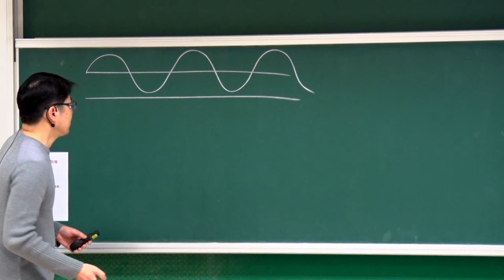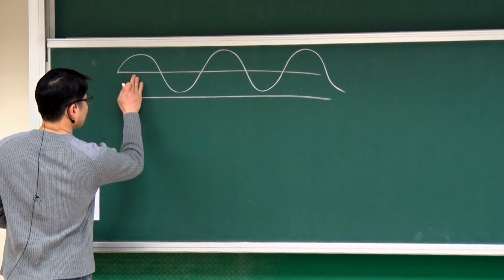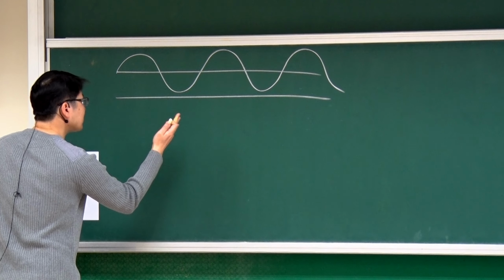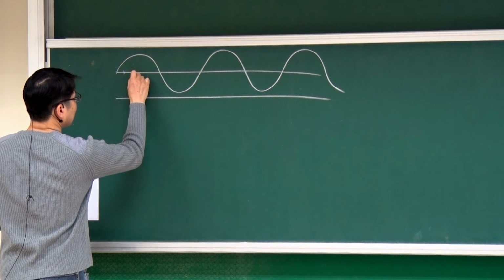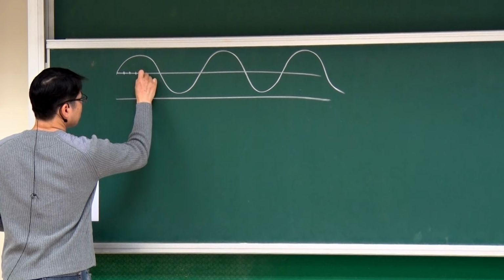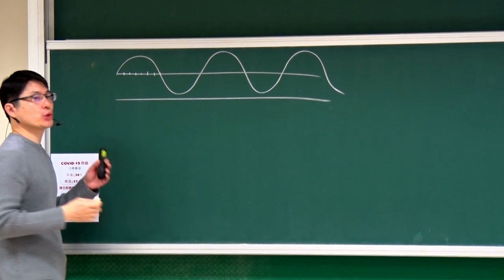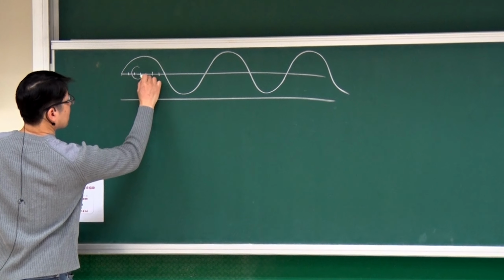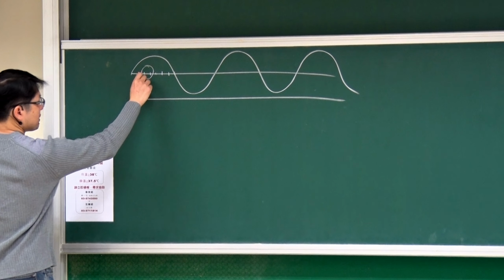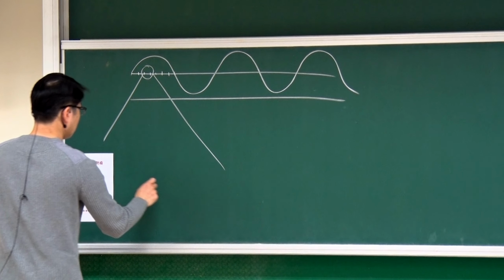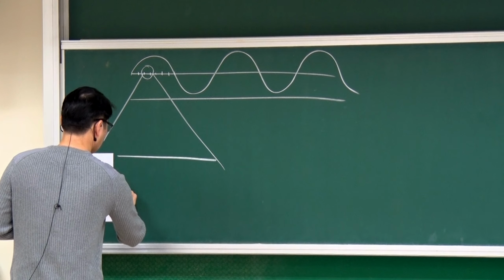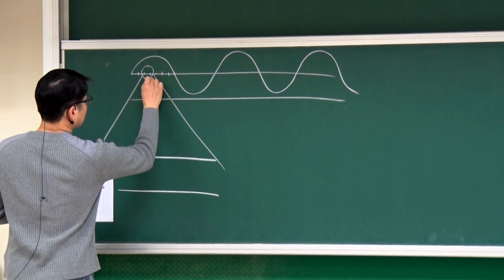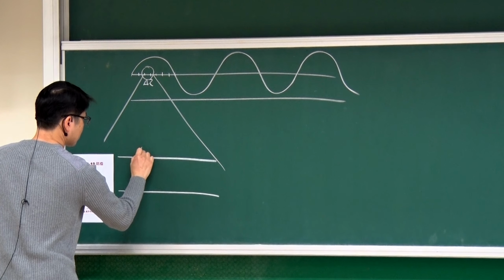But the idea is that the transmission line would be the same if I divide it into a lot of shorter segments. So if I zoom up a certain segment, so this is delta Z, and now this is delta Z.